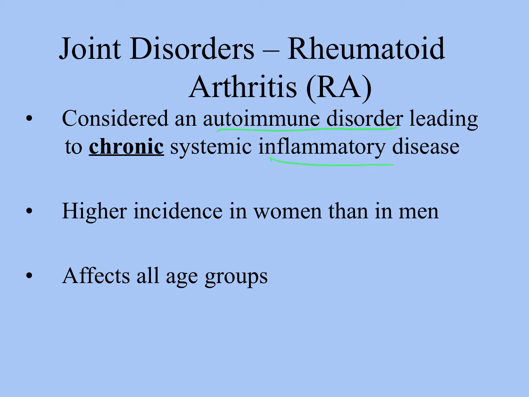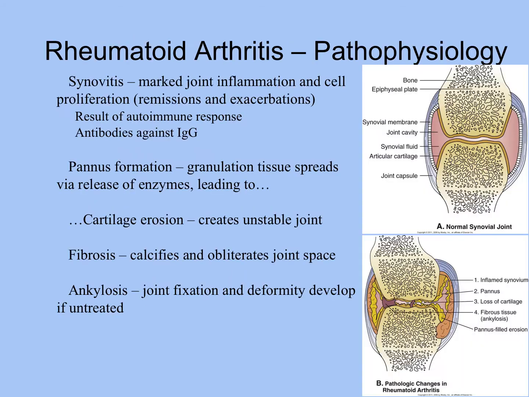The incidence is higher in women than men, and the reason for that is autoimmune disorders tend to be higher in women than men. But it can affect all age groups, so not just the elderly are affected, but even children can be affected as well.